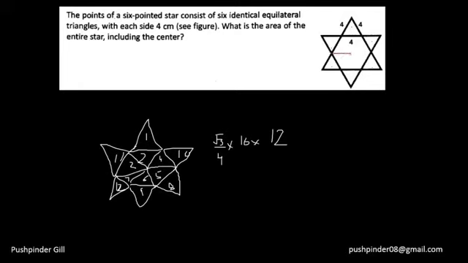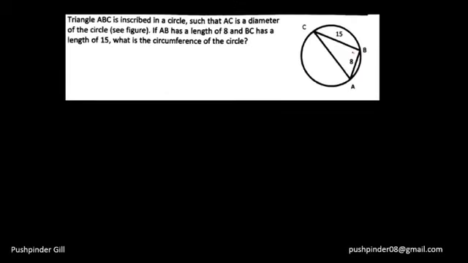And if I join these two, and this, and this, they also have the same area, and these also have the same sides. So it makes 12 identical triangles with equal area. I just find the area of one triangle and multiply by 12. I suppose everyone understood this. Let's move forward to the next question.